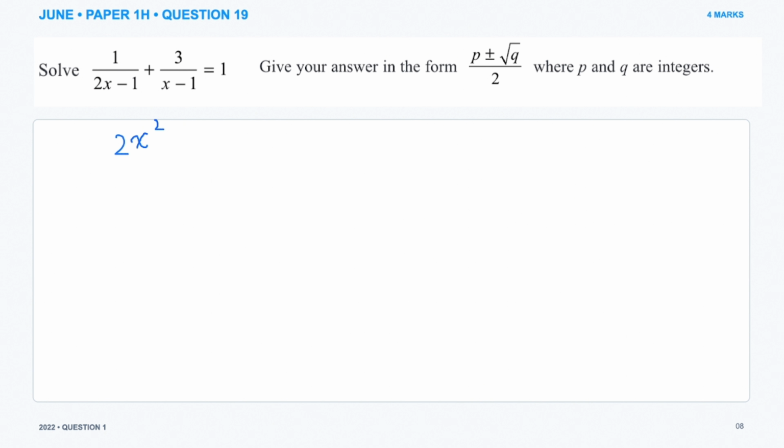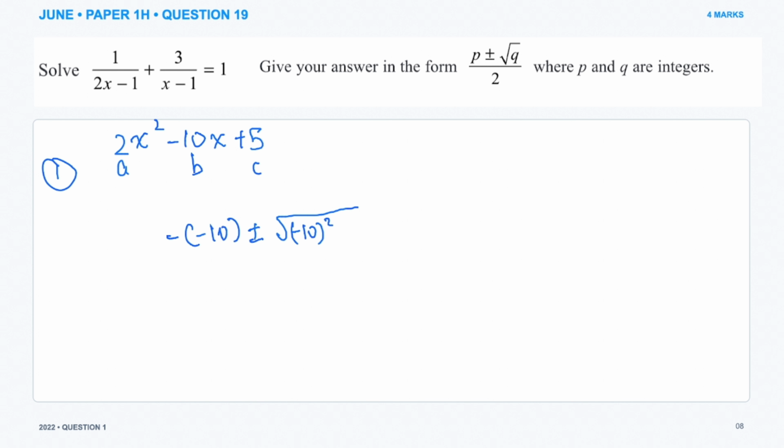So let's write our equation again, and I will teach you how to use both of these methods. For method 1, we're going to plug in our numbers. Negative b, add or minus square root of b squared minus 4ac, all over 2a, and that's equal to x.